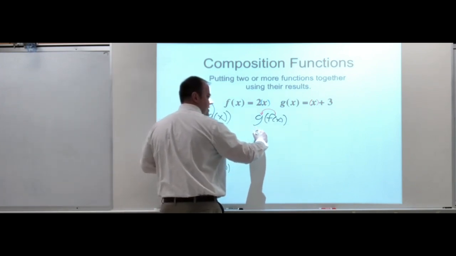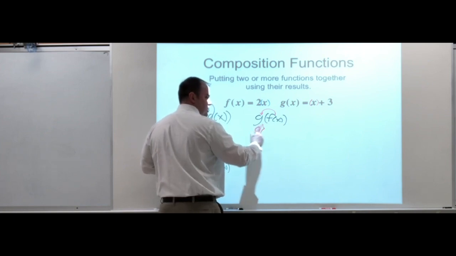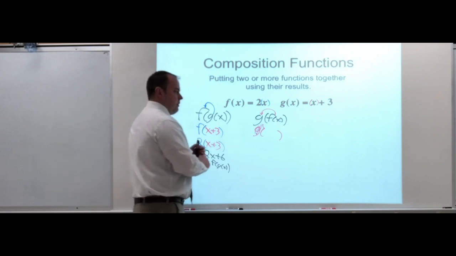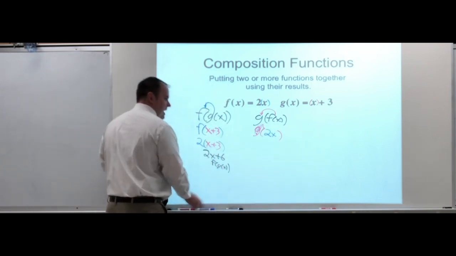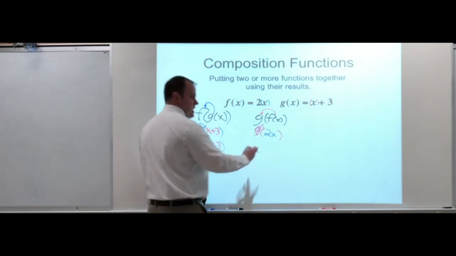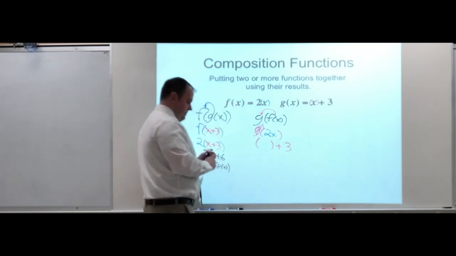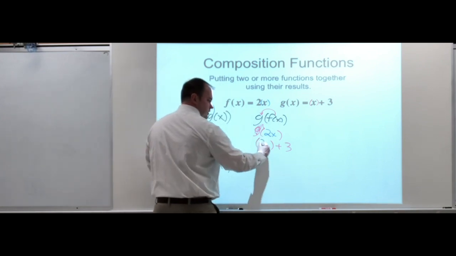We're going to have g, and then inside that x value, we're going to replace it with 2x. So the g is going to be something plus 3, and inside that something, we're going to put that 2x.